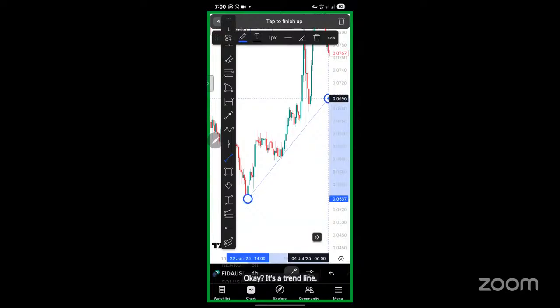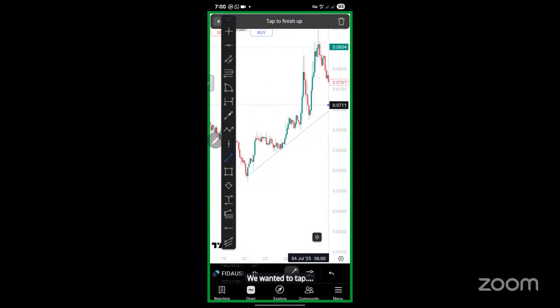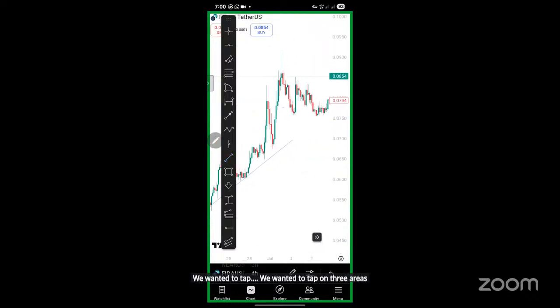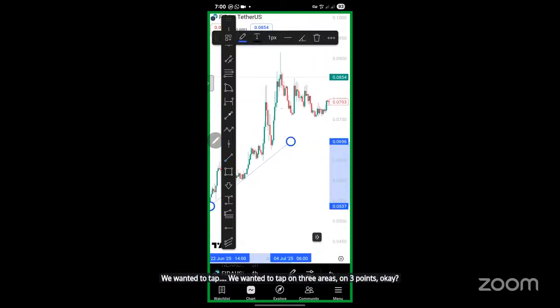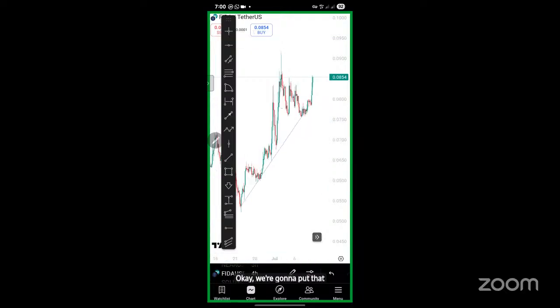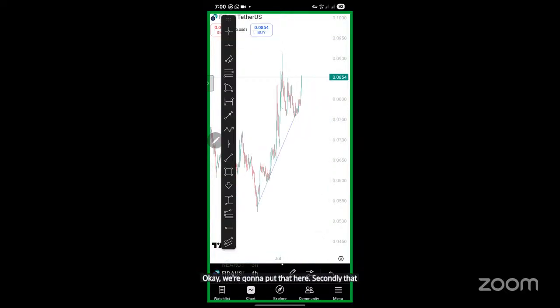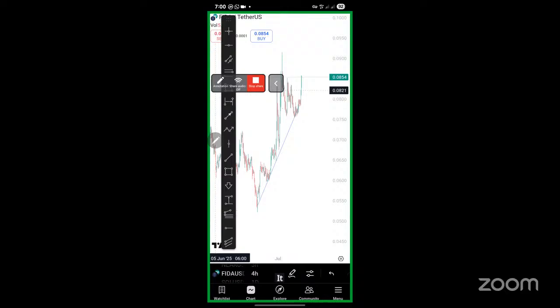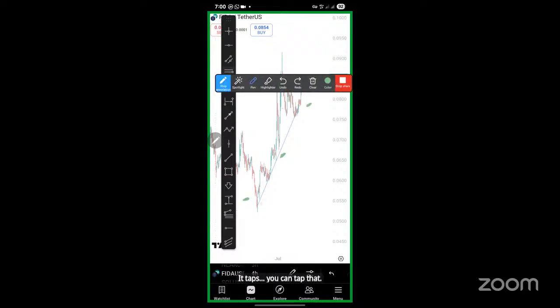For the trend line to be perfect, most of the time we want it to tap on 3 points. We can put this one here, such that it taps here, taps here, taps here, probably here.